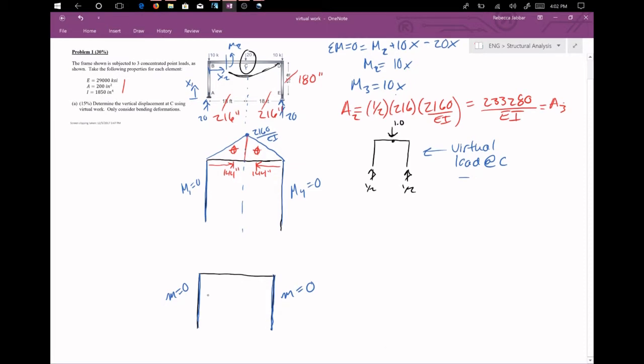Keep in mind, axial forces would affect the deflection at C, very, very little. It's just the compression throughout the entire member from that loading. It's just so little. And then our question over here, if we pay attention, says only consider bending deformation.